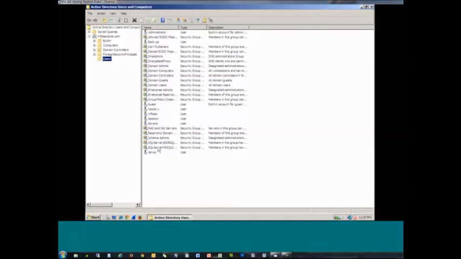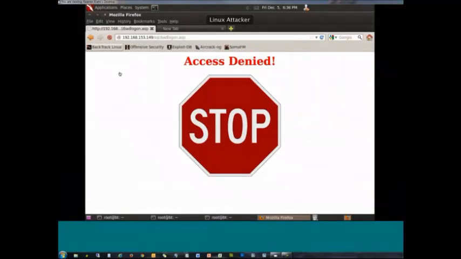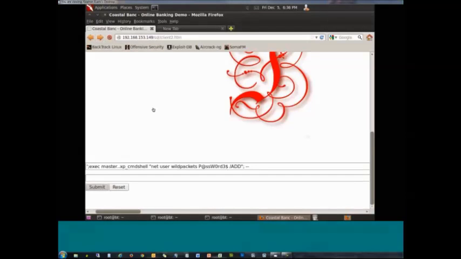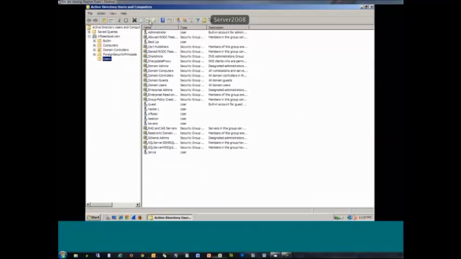So we do our injection, and access denied is typically a good thing with SQL injection. Now we go back and check the victim server, and we refresh the Active Directory. We can see that now there is a user in Active Directory named WildPackets. So via SQL injection, we just LDAP injected a user into Active Directory on that account.